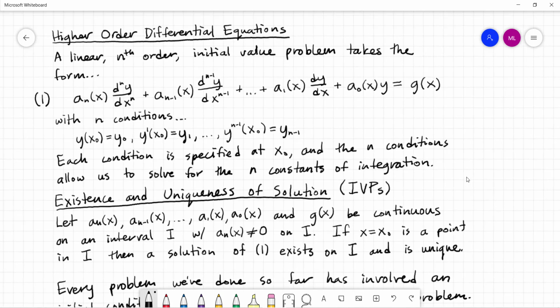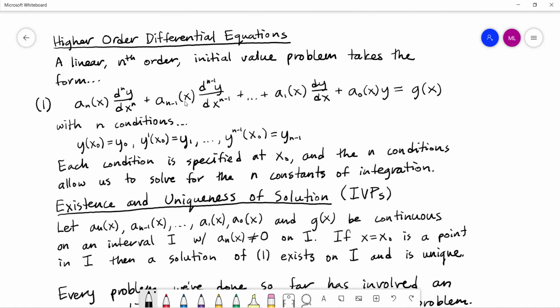Notice that this equation up here is linear. So as long as we have a linear higher order differential equation where all the conditions are specified at the same point x0, or if it's dependent on time instead, that maybe it's the same value t0, the same time, we're going to get a solution.